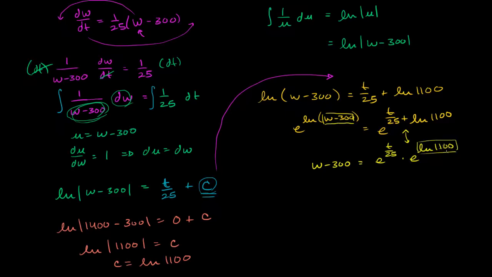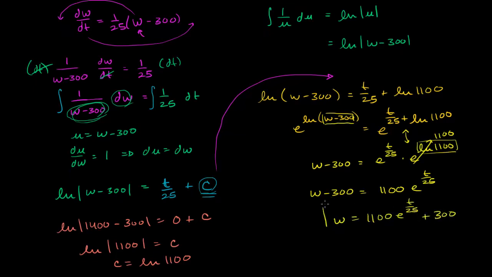So if you raise e to that power, you get 1,100. So we get w minus 300 is equal to 1,100 e to the t over 25. And then you just add 300 to both sides. W is equal to 1,100 e to the t over 25 plus 300.